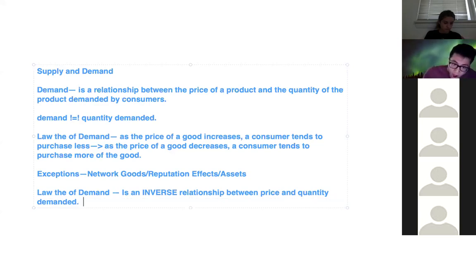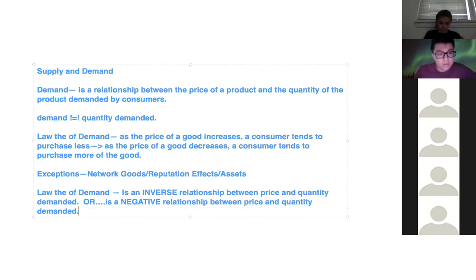And you'll also see, or is a negative relationship between price and quantity demanded.